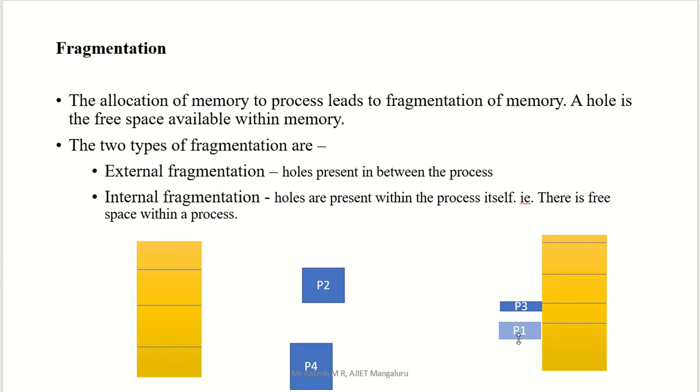And if you load this one in the last block, whatever remaining space is left is called internal fragmentation. But what is external fragmentation? See, in the entire memory, here we have some space wasted, here some space wasted, and like that all the blocks' wasted space combined is called external fragmentation.